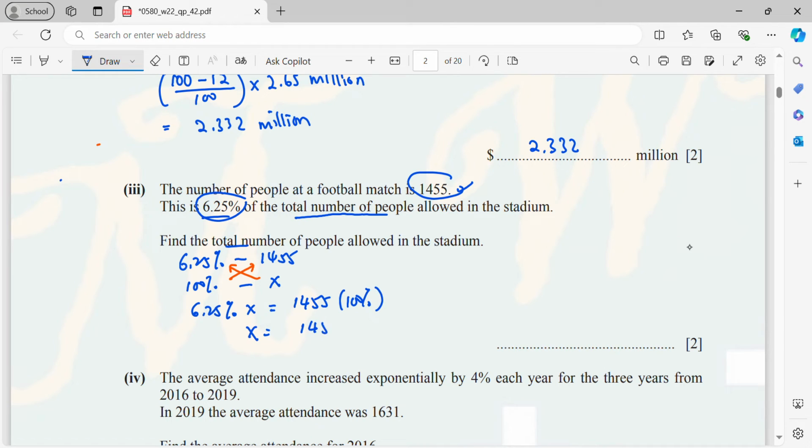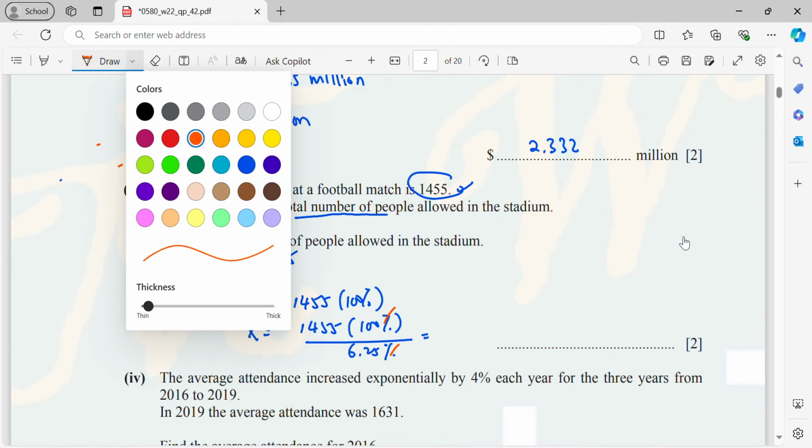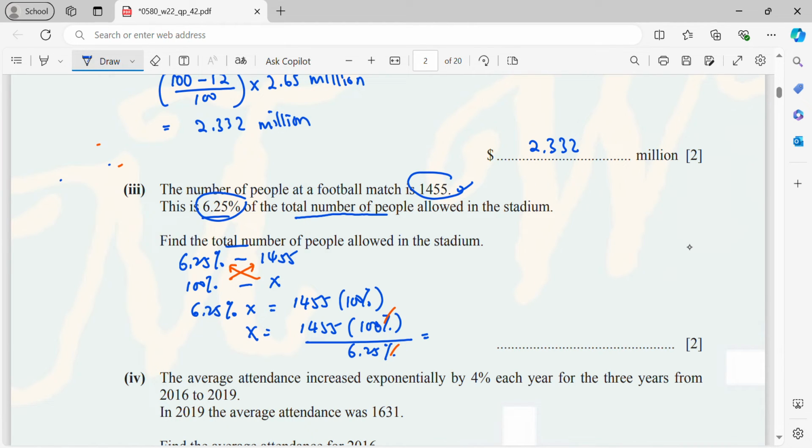So it will be 1,455 times 100% divided by 6.25%. The percentage will be cancelled off. Then you calculate all these values. That is going to be 23280. So that is the total people in the stadium.